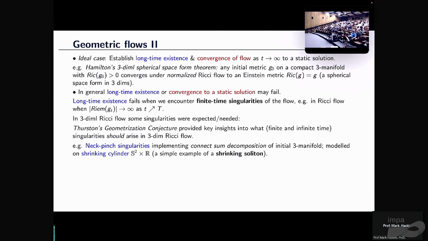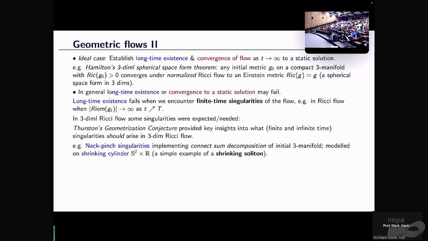So finite time singularities are maybe hard to understand, but sometimes are your friend. In 3D Ricci flow, it was understood that some sort of singularities were expected and needed, and in the 3D case, Thurston's geometrization conjecture already gave you some insights into what sorts of finite and then infinite time singularities you should expect might arise in 3D Ricci flow.